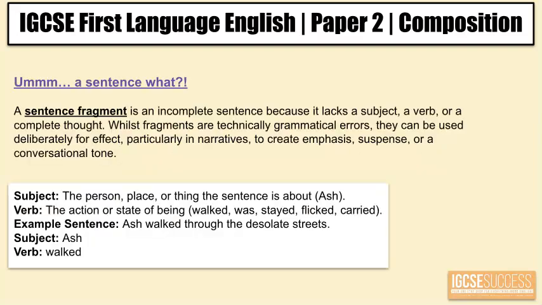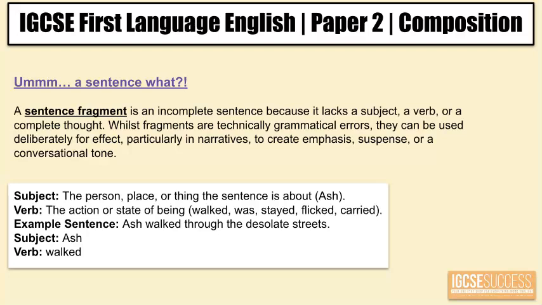So, let's start with the basics. Maybe even rewind all the way back to primary school. You were no doubt taught that for a sentence to be a quote unquote proper sentence, it needs three things: a subject, a verb, and it needs to be a complete thought or idea, I guess. Maybe you've had a piece of work marked and your teacher has circled sentences in red, calling them sentence fragments and saying you mustn't do it.